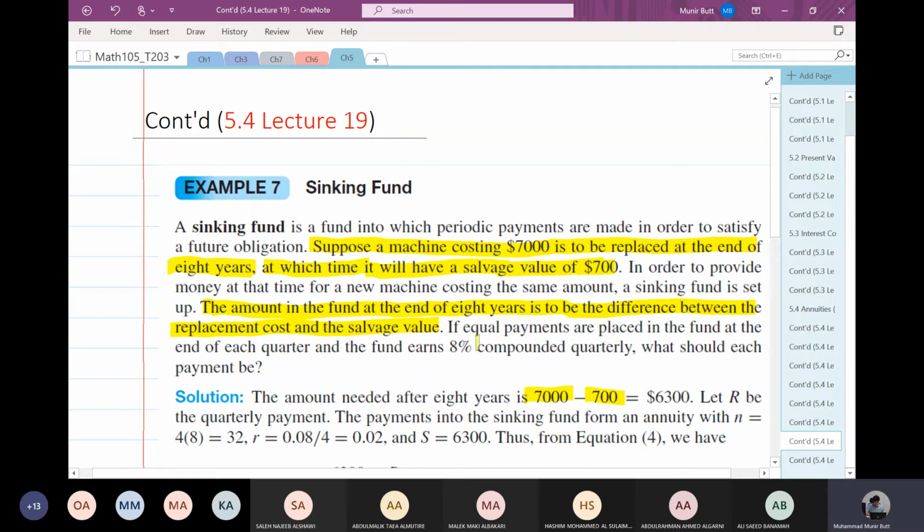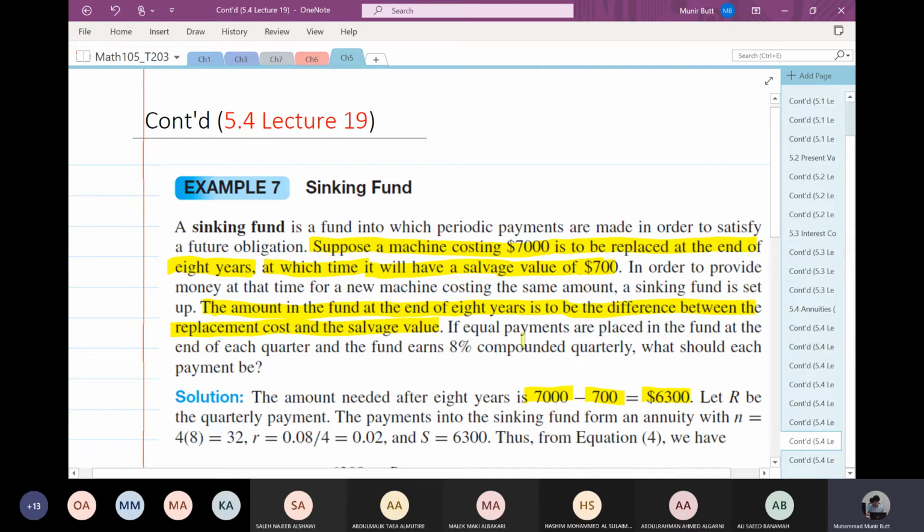If equal payments are placed in the fund at the end of each quarter, and the fund earns 8% compound quarterly, so now we are talking about this fund. Now the value is not 7,000, now the value is 6,300, and we are talking about the things on this value.